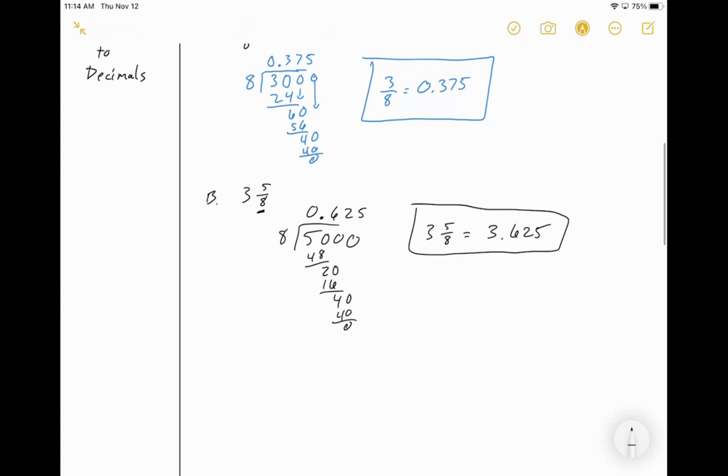Okay. Here's another one for you. How about this one? A negative 7/9. Try and do that one. Go ahead and divide.